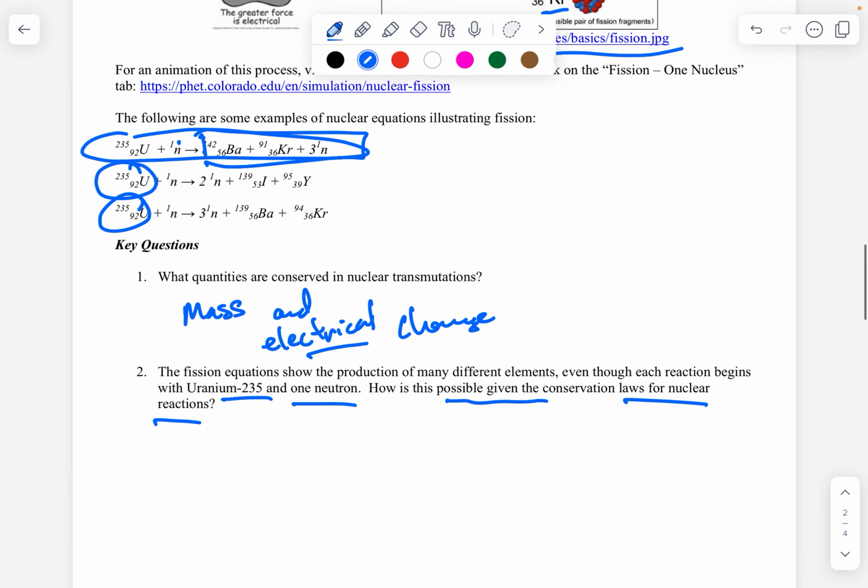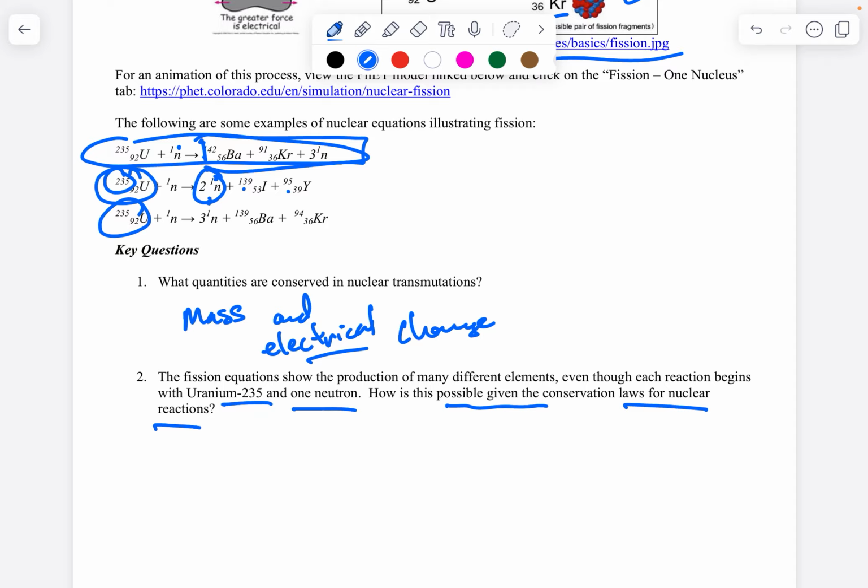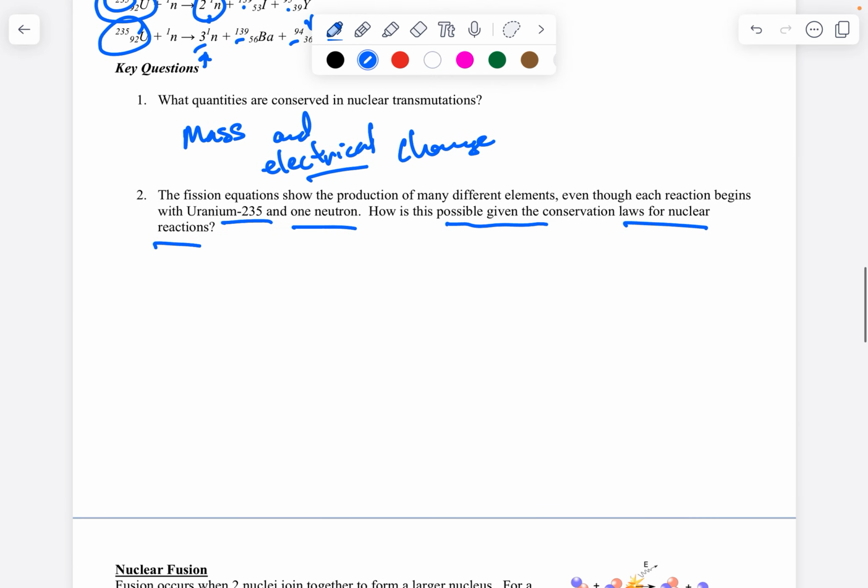So we have 2 plus 139 plus 95. That's going to give us 235. Same idea, 3 plus 139 plus 94. So you can see how this one decreased by 1 and this one increased by 1.